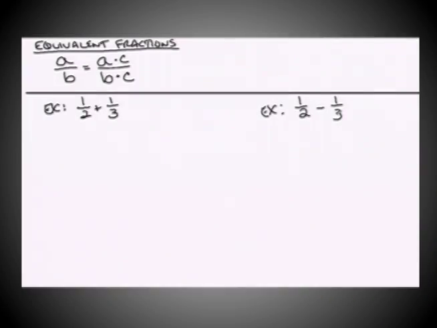All right, so we have this principle of equivalent fractions, which basically says as long as you're multiplying the numerator and the denominator by the same value, those fractions are exactly the same. So being the same, that's why we have an equal sign there. And we're multiplying by the same value in the numerator and the denominator.